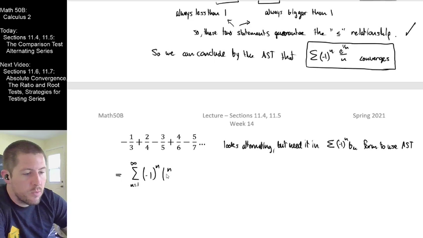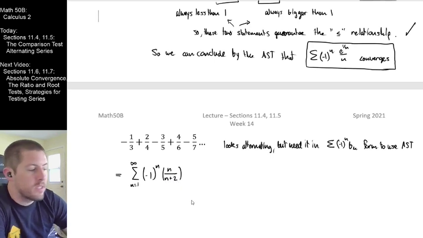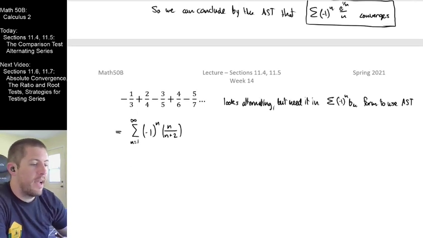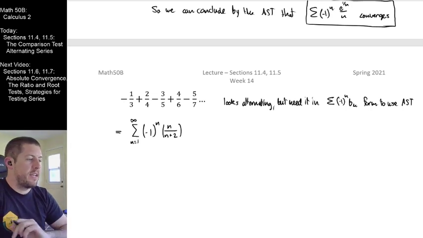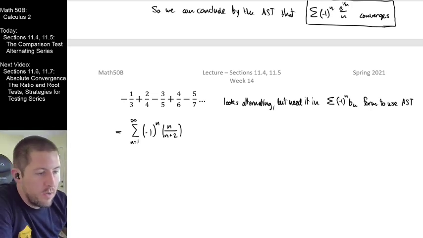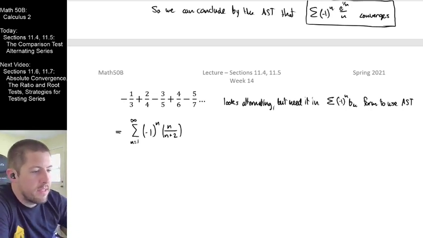So that literally is just what n is going to be. And it looks like the other thing I'm seeing is that the denominator is always 2 larger than the numerator. So I think n plus 2 is what's going to go there, right? So the thing that I'm seeing here is that if I were going to use the alternating series test right here, we'd need to show our two hypotheses.